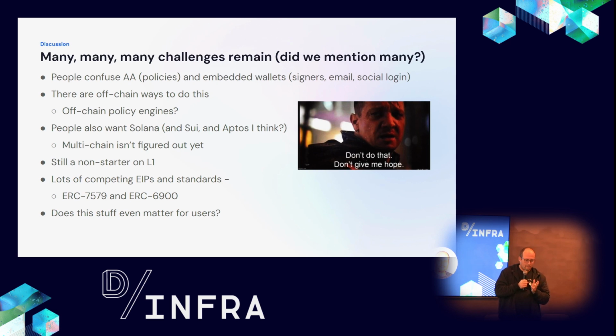So that's a completely different challenge. The third one is that I know this is ETH Denver, but we do not live in an ETH-only world, right? There's Solana. I don't know if you've heard of it. No, I'm kidding. But essentially, there's Solana, there's Sui, there's Aptos. There are a bunch of really interesting solutions out there that aren't out of the realm of playing some sort of major role, right? One of the challenges of doing this on chain versus doing it at the EOA level, right, is that it's harder to actually support cross-chain apps.